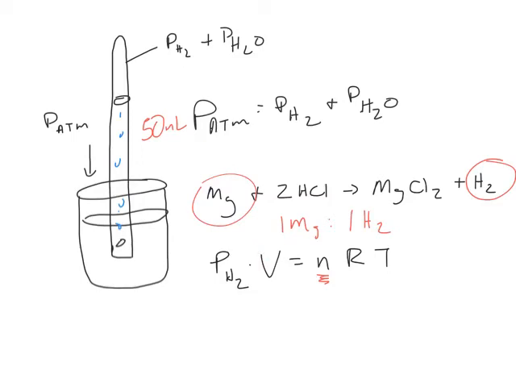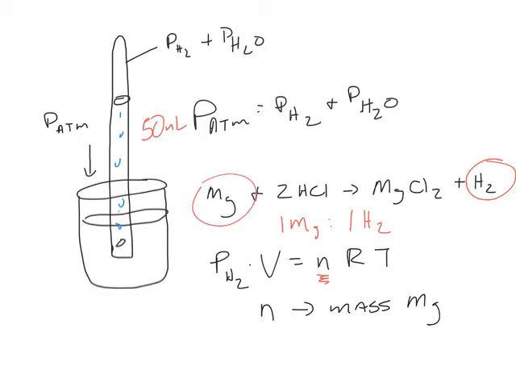Then you'll just need to convert that to mass of magnesium. That way you know what is the most magnesium that you can use, and not ruin your experiment by creating so much gas volume that it completely empties this out.